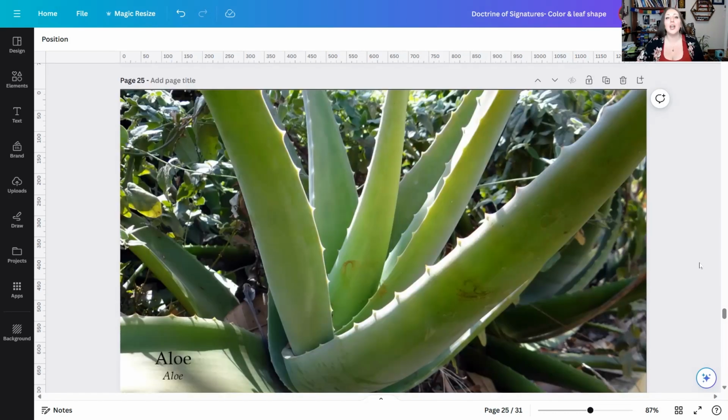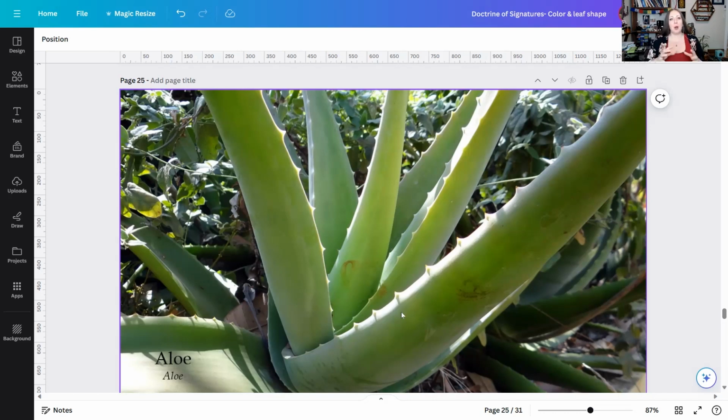All right, now let's talk about succulent leaves, such as those found in our example of the aloe plant. The leaves of the succulent are a signature for that plant's ability to store and withhold water. We know aloe to be an excellent remedy for sunburned skin. This is why the leaves are telling you what it's doing.